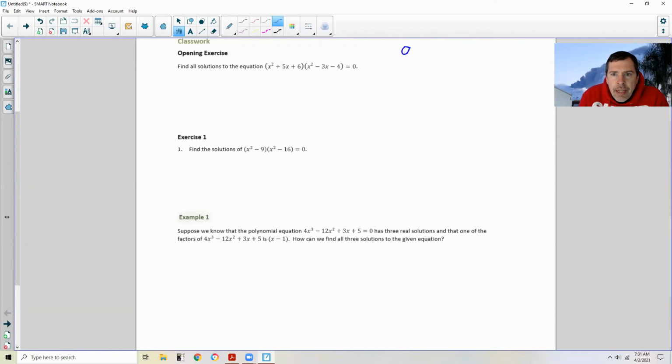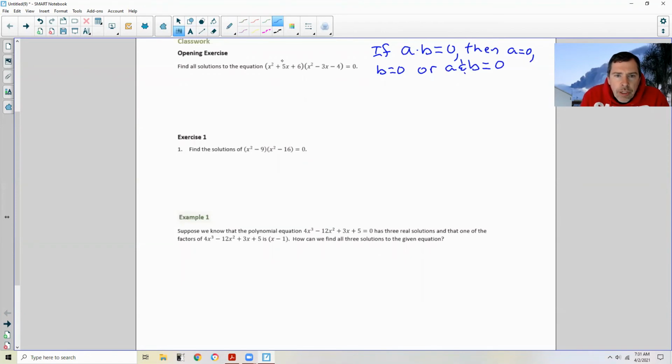So basically what it means is, if A times B equals 0, then A equals 0, B equals 0, or A and B both equal 0.